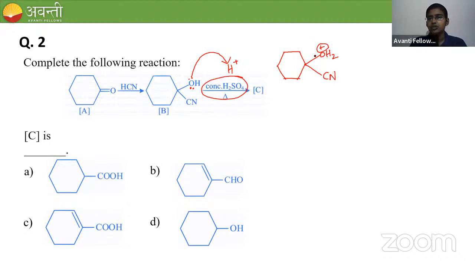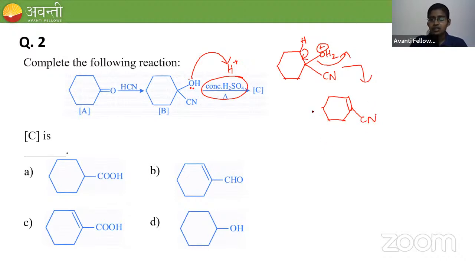And to neutralize this, one of the hydrogens from this part goes out by giving the electrons here, and this OH2 goes out. Okay, so from this we'll get a double bond in this compound, where CN is attached, and OH2 goes out as H2O.